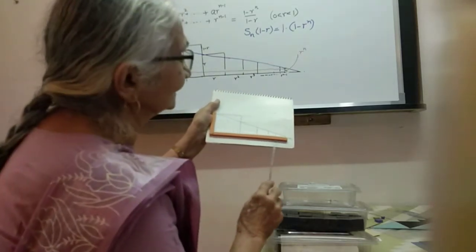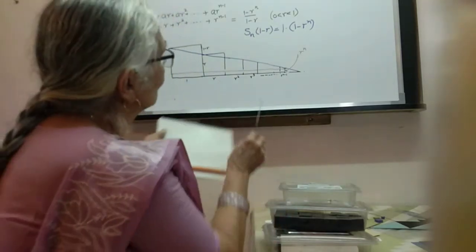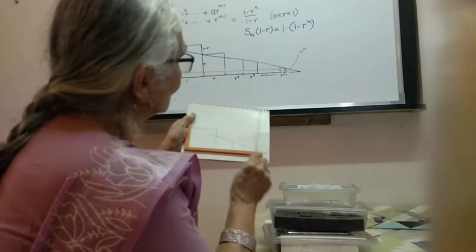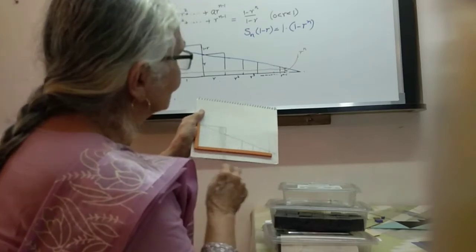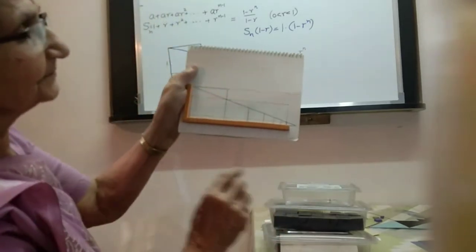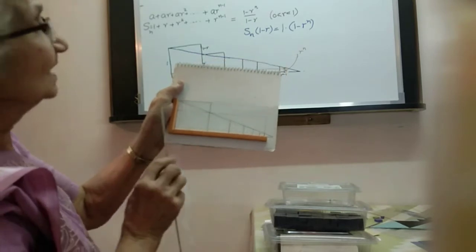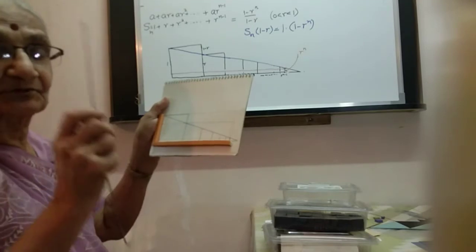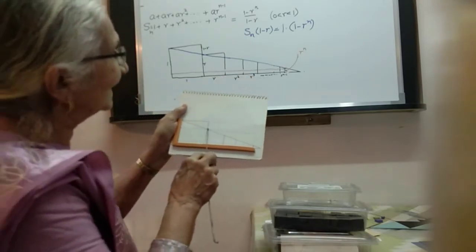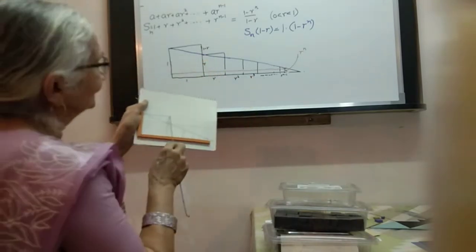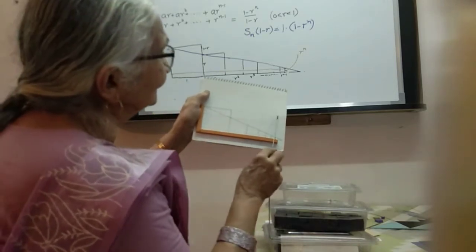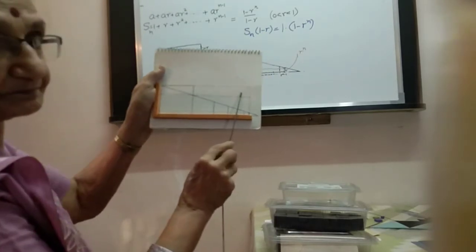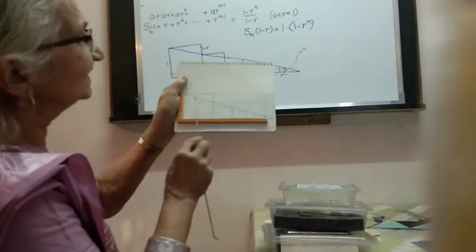So this length is nothing else but Sn. This is also Sn. They are all parallel to each other. They are all Sn. But we want a rectangle whose other side is 1 minus r. Here is 1 minus r. This is 1 minus r. So this Sn into 1 minus r is the whole upper rectangular strip. So that takes care of the left hand side.